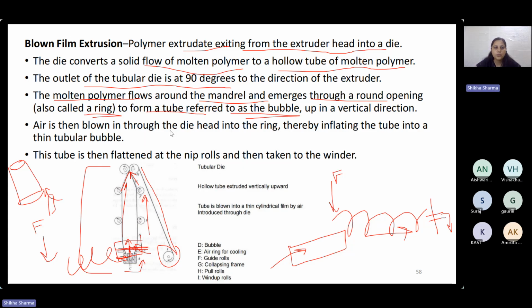Then air is blown in through the die head into the ring, thereby inflating the tube into the tubular bubble. This tube is then flattened. There are nip rolls at the top, where these two sheets of polymer will be flattened, and then the winder winds these polymer sheets. So this is blown film extrusion.